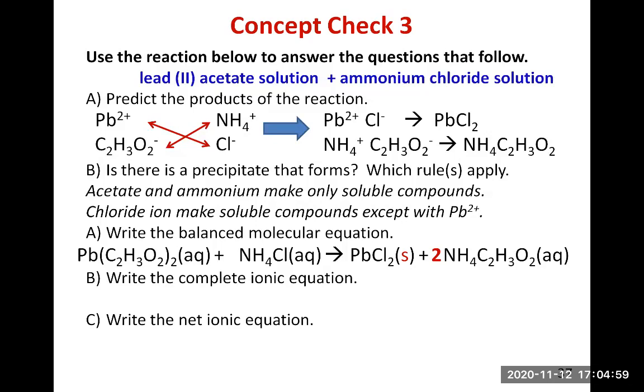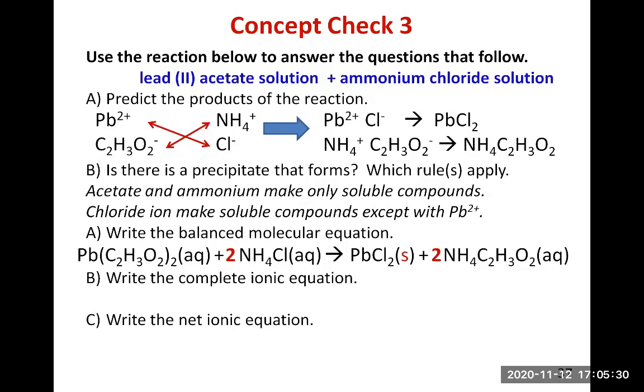However, it makes 2 ammonium ions on the right, and there is only 1 on the left. So we need a 2 in front of NH4Cl to balance the ammonium. That also balances the chlorine because now we have 2 chlorine on the left and 2 chlorine on the right in PbCl2. With those 2 coefficients of 2, we have a balanced molecular equation.